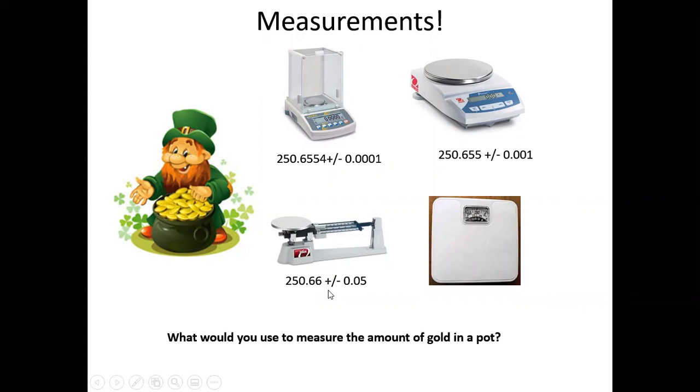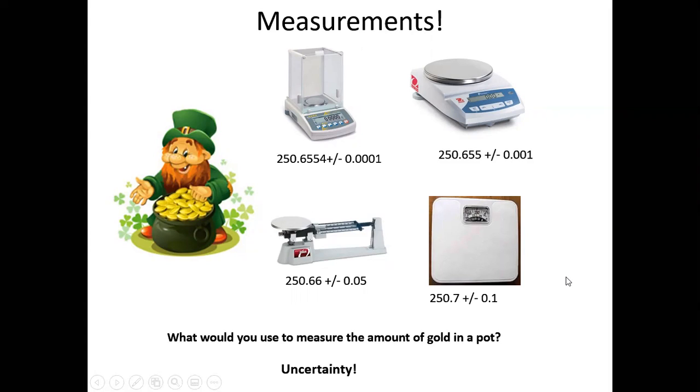Now, with a triple beam balance, we can measure down to the hundredth of a gram, but we have a little bit more uncertainty in that measurement. And then we have a bathroom scale where we can measure to a tenth of a gram. And as you see, we're losing precision as we go from one balance to the next.